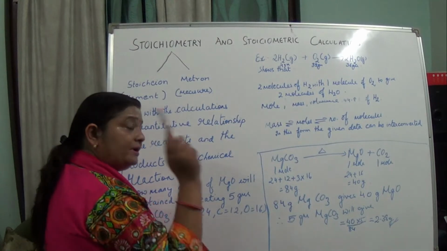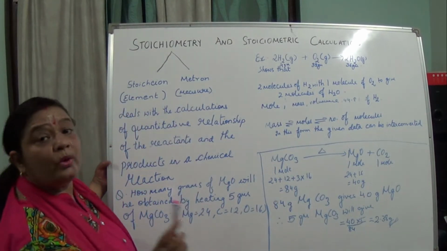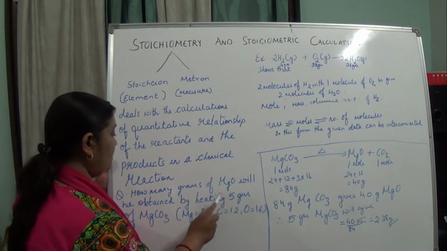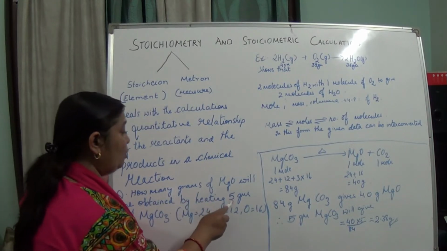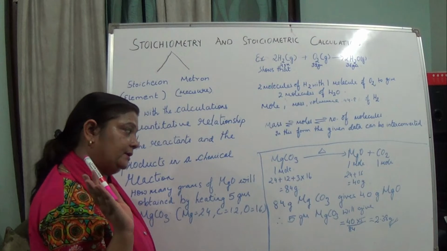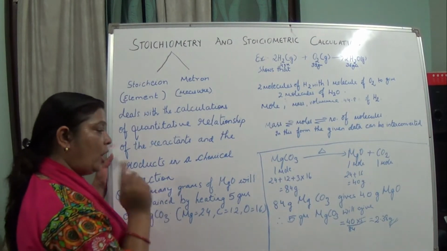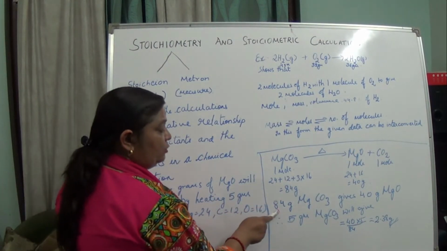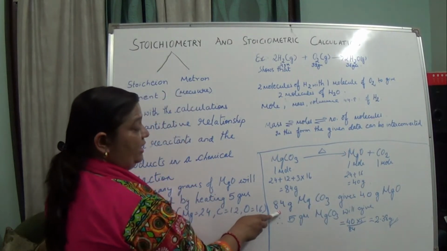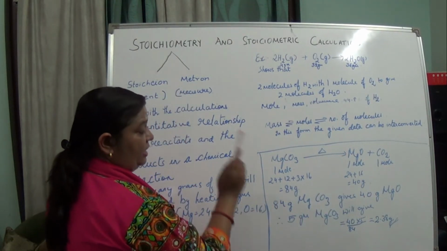But in the question it has been asked how much magnesium oxide is obtained when only 5 grams of magnesium carbonate is heated. For that, how will you do it? For 1 mole you are getting 40 grams, and the mass of 1 mole of magnesium carbonate is 84 grams.